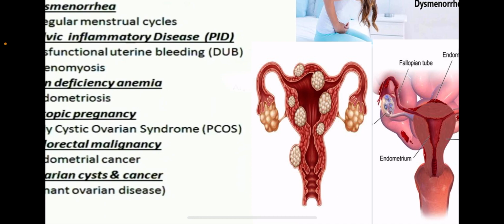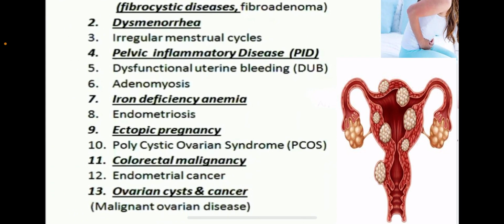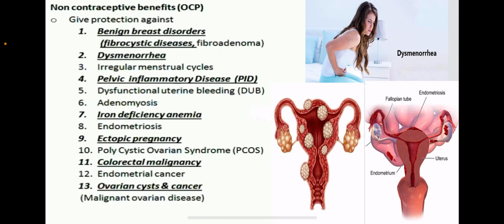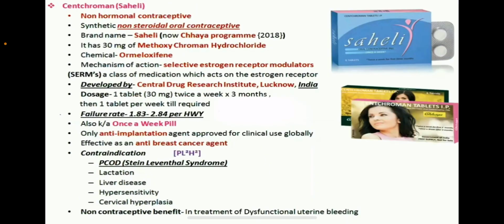So we see also in colorectal malignancies, endometrial cancers, ovarian cysts and cancers, the malignant ovarian diseases, it provides a protection. In cases of ovarian cancer, it has a significant benefit in giving a protection against the ovarian cancers.